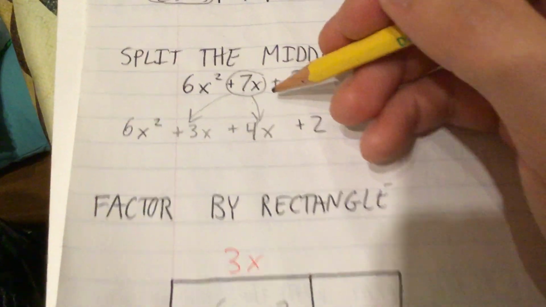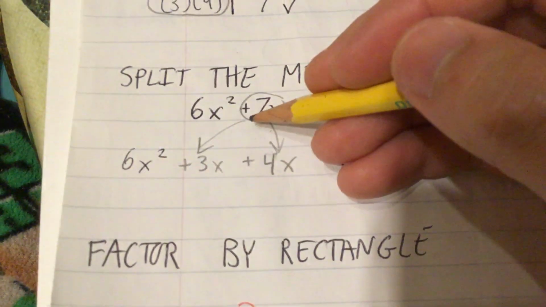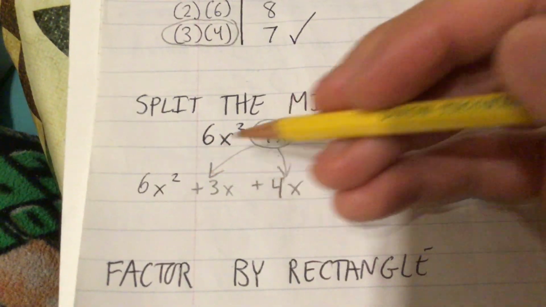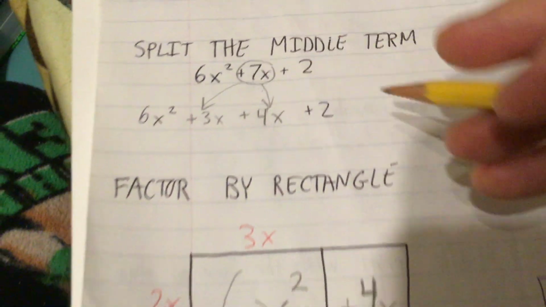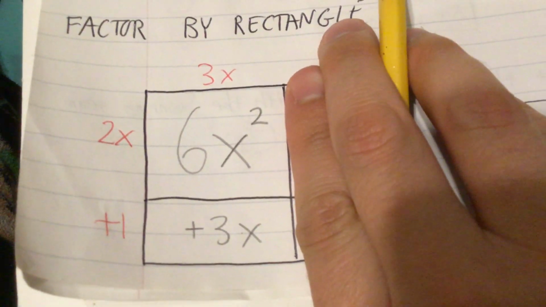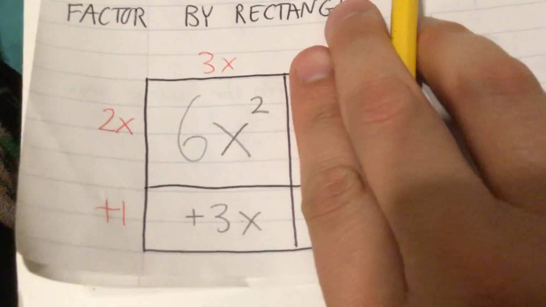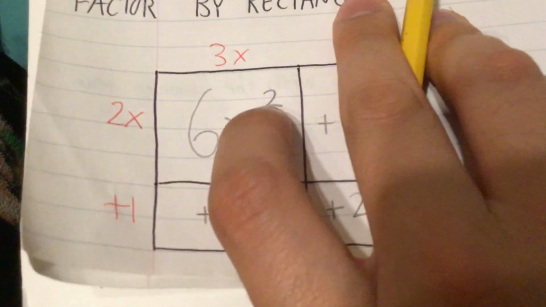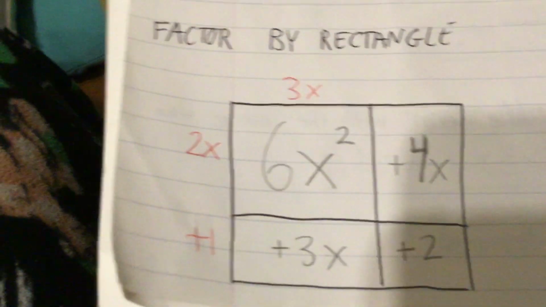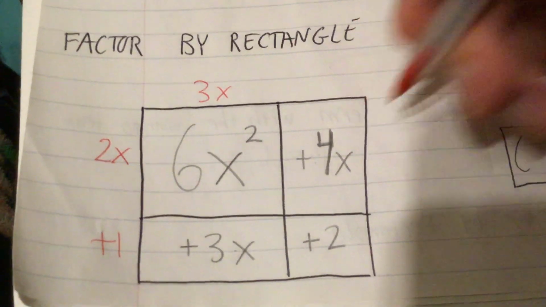Okay, just to backtrack a little bit. 6x squared plus 7x plus 2 splits into the winning team of positive 3x, positive 4x. Okay, what can I take out? 6x squared and 3x, I can take out a 3x. 3x times 2x is 6x squared. 3x times 1 is 3x. Then 2x times what is positive 4x?